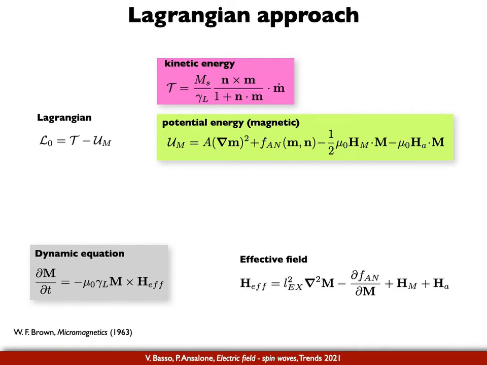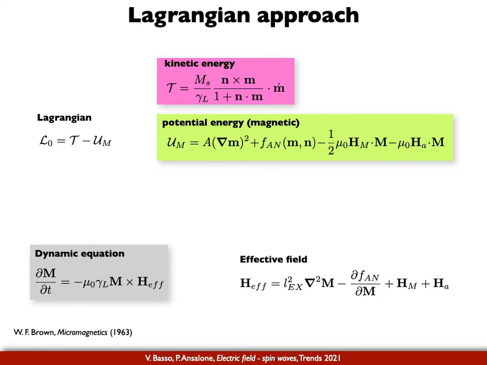So Brown has shown that if you take as potential energy the micromagnetic energy, the usual one, including exchange, anisotropy, the energy of the magnetostatic field, and the energy in the external applied field, and you take as kinetic energy the term which is written there, and then you compute the equation of motion, then you end up with the dynamic equation, which is exactly the precession equation written below.